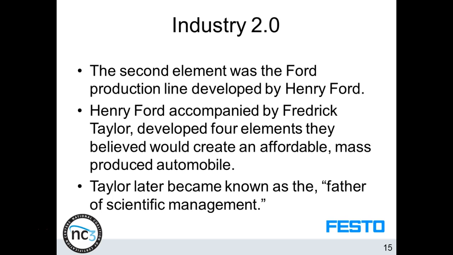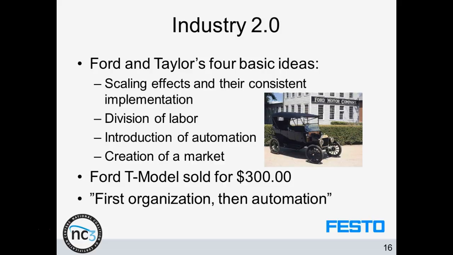He invented the production line, where instead of them bringing in one car and building that thing from start to finish, we do it in parts now, right? You understand? And each group has a different section. Scaling effect.